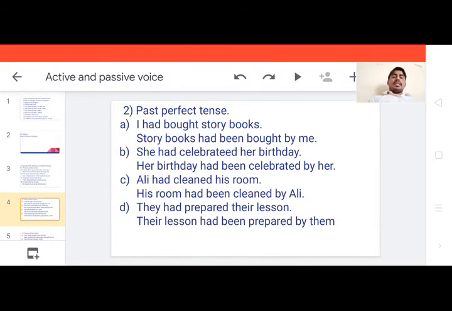The fourth rule was addition of by, and subject into object, she. The objective case of she is her. So she had celebrated her birthday will be converted into: her birthday had been celebrated by her. Ali had cleaned his room. So his room had been cleaned by Ali. They had prepared their lesson. Their lesson had been prepared by them.